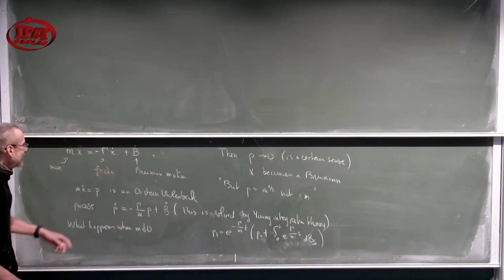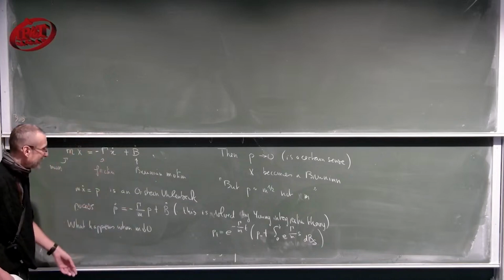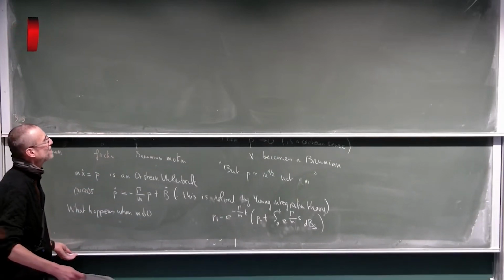Now, instead of taking gamma as a friction constant, imagine you are in the multidimensional case.